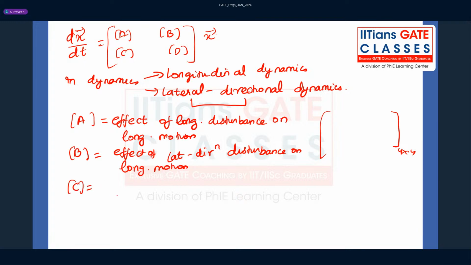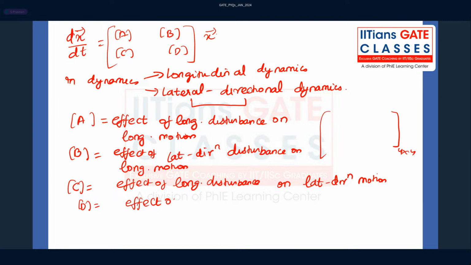Next, matrix C explains the effect of longitudinal disturbance on the lateral directional motion, and matrix D describes the effect of lateral directional disturbance on the lateral directional motion.